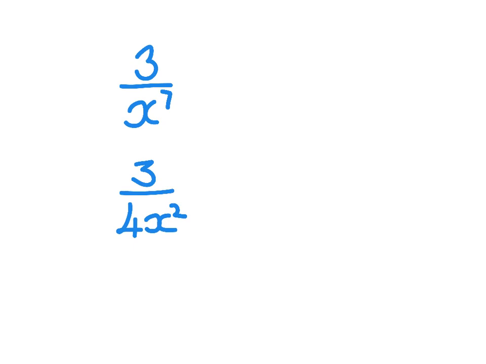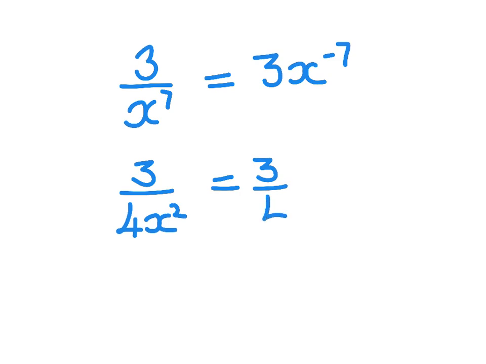Okay, just a couple of more examples where there are other numbers involved. So 3/x to the power of 7 is the same as 3x to the -7. 3/4x squared is the same as 3/4 of x to the -2.